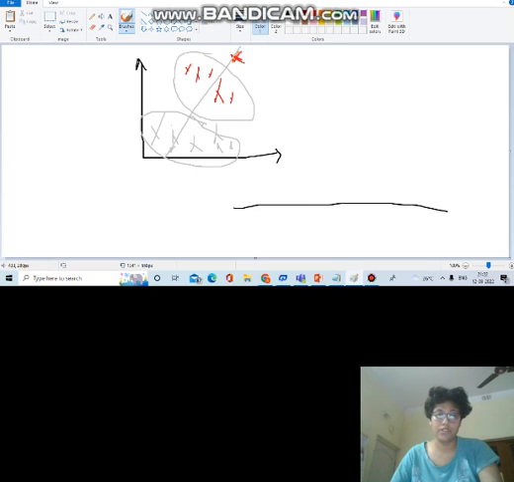This is one centroid and this is the other centroid, and we have to calculate the average or mean of the two distances, the point to centroid distance. The main purpose of calculating the mean is to update the centroid.